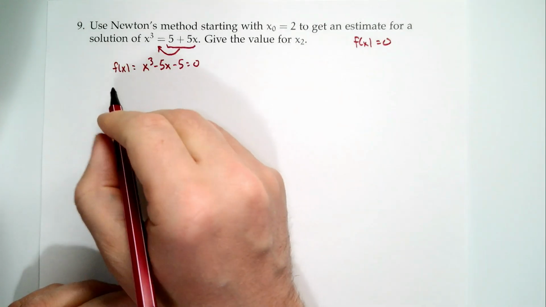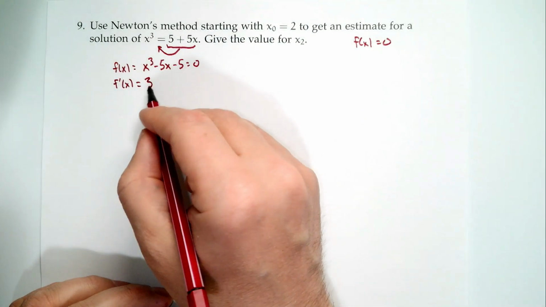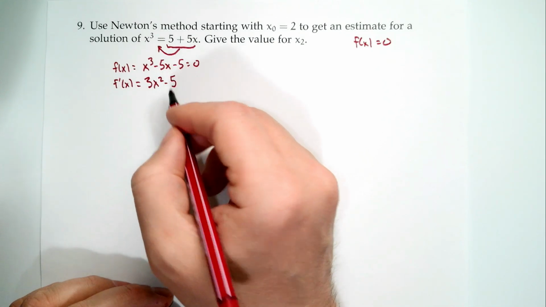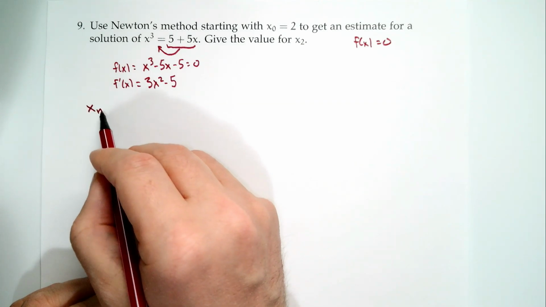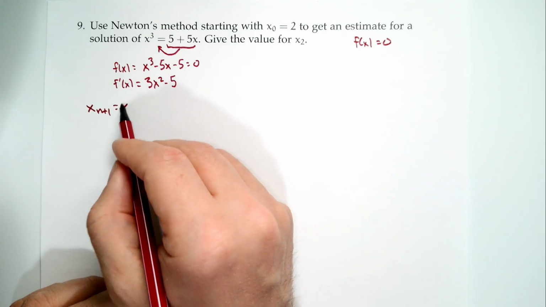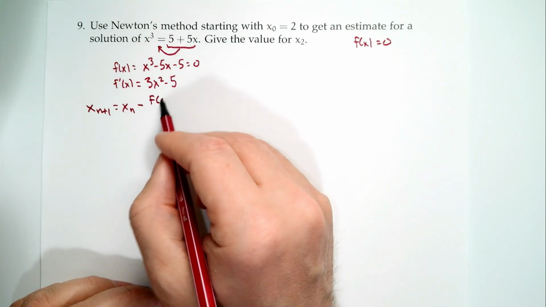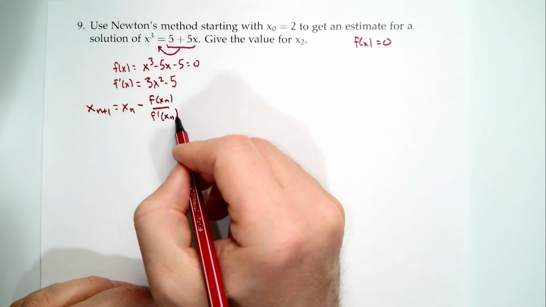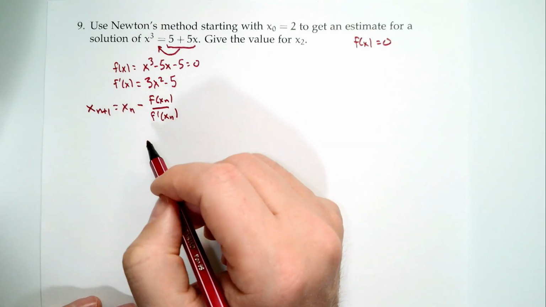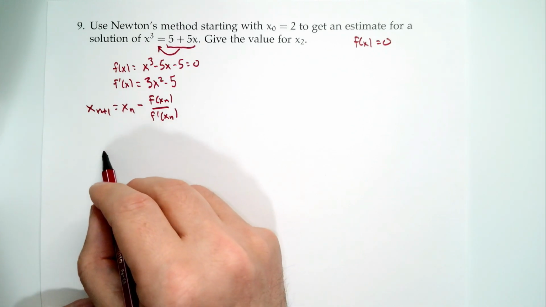All right, so take the derivative, f prime, 3x squared minus 5. Now, our general formula says xn plus 1 equals xn minus our function at xn divided by f prime of xn. And we can just stay with this. We don't have to actually simplify if we don't want to.